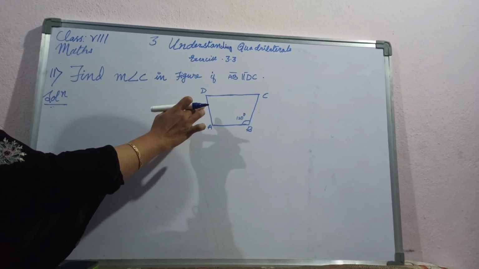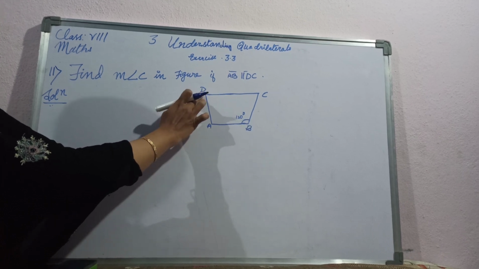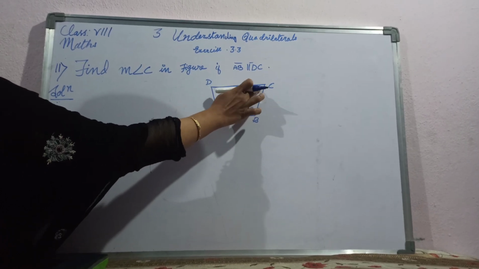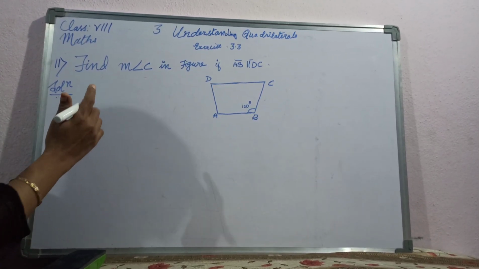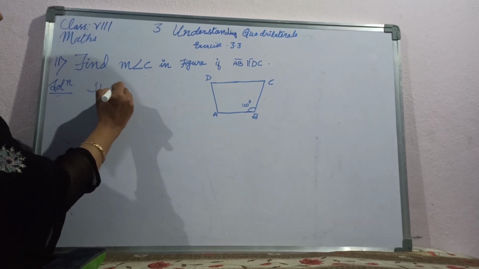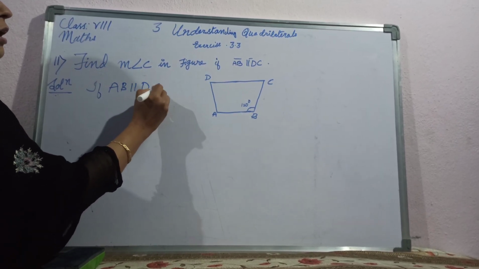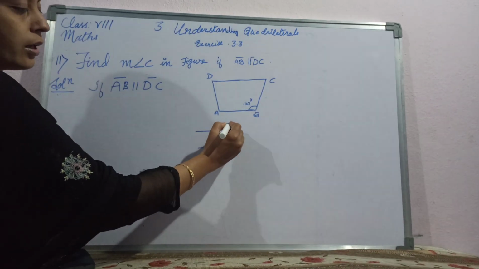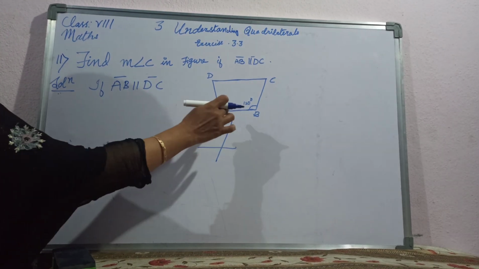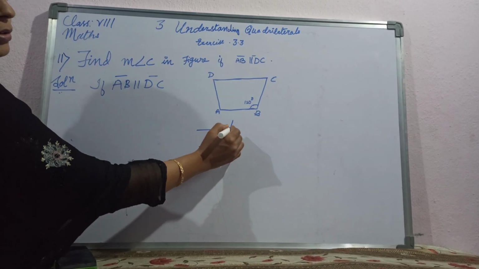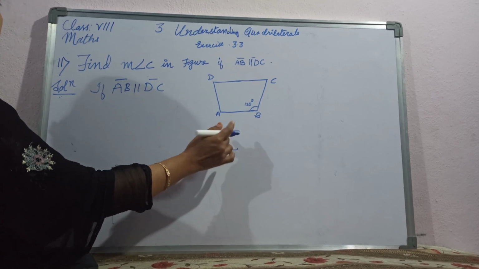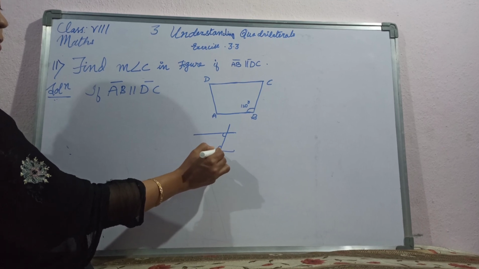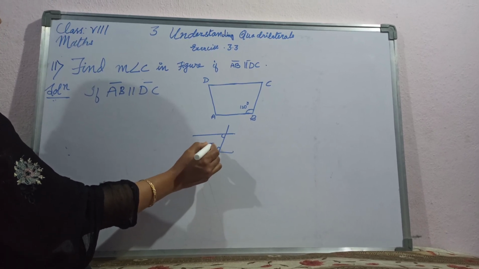We have already been given that AB and DC are parallel to each other, and we need to find the measure of angle C. We know very well, if any two lines are parallel to each other, then a line which intersects them at two points is the transversal, and the angles formed here will be supplementary.